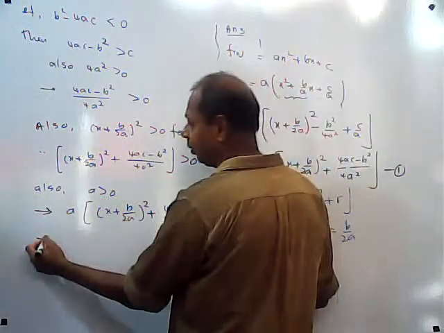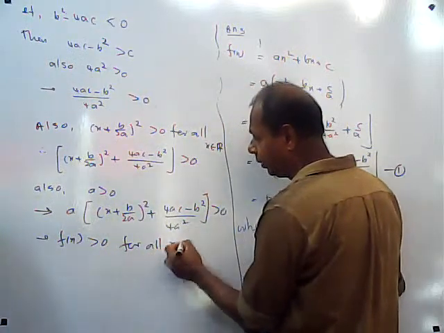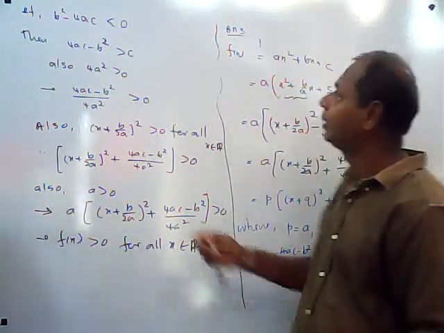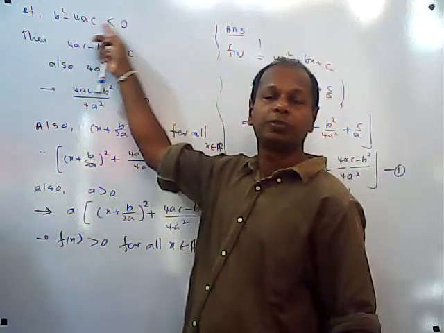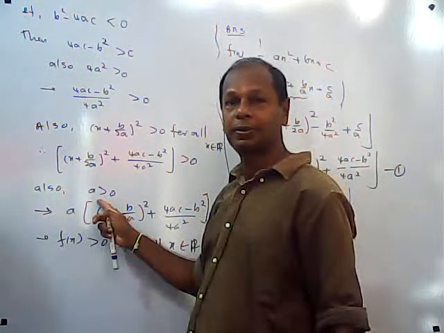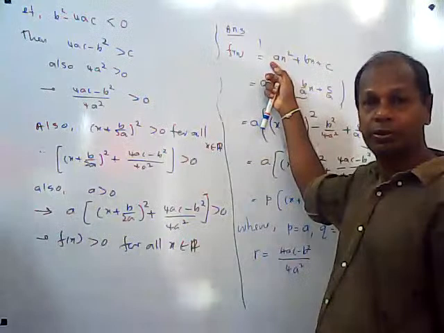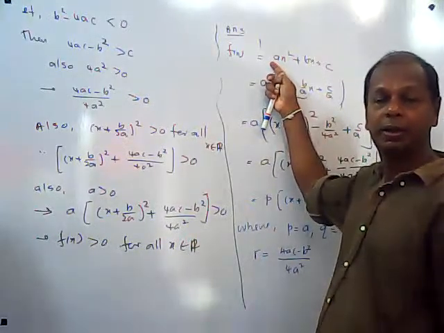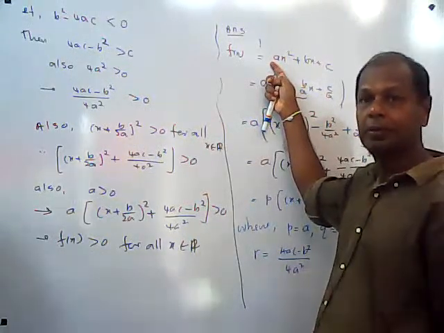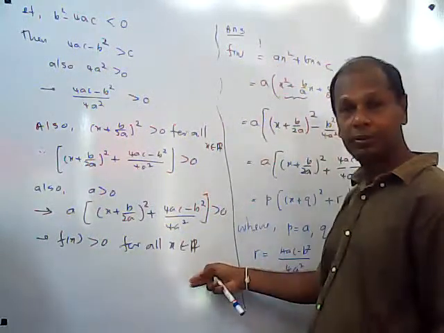So that implies fx is greater than 0 for all real x. So under the conditions b squared minus 4ac is less than 0 and a is greater than 0, this quadratic function is always positive. It cannot be negative, it cannot be equal to 0. It's taking positive values only. It's a very important result, right?